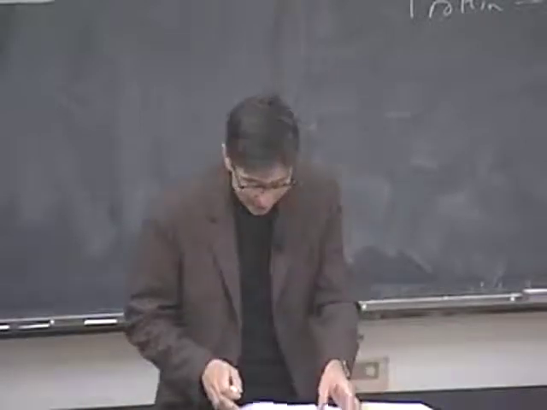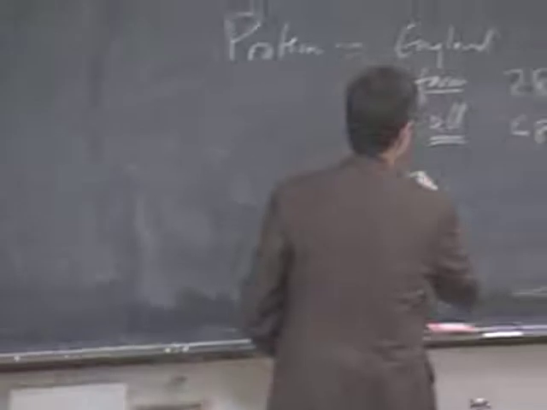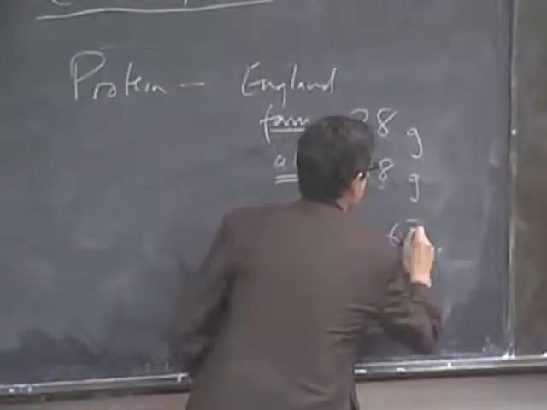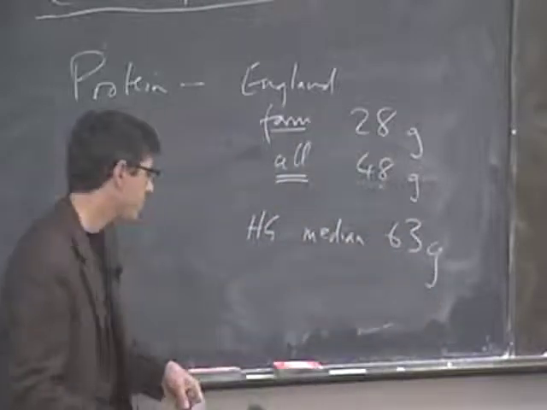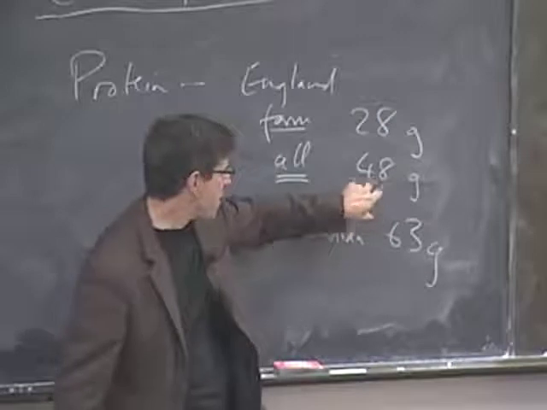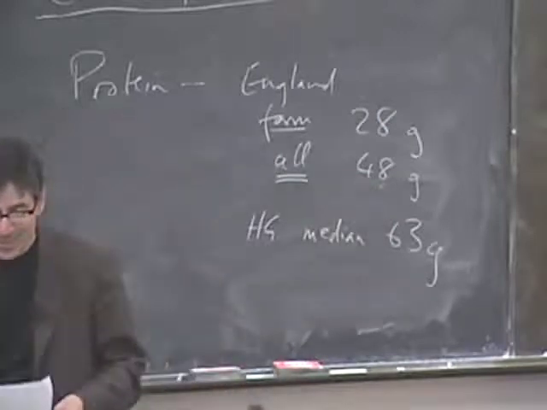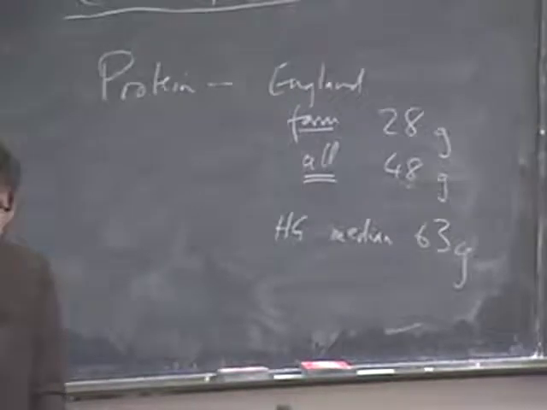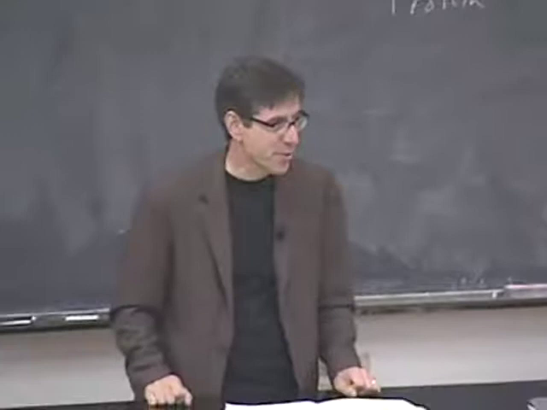Okay? How does the median hunter-gatherer group do? They get about 63 grams per day. And so in terms of the stuff that people cared about in the diet later, hunter-gatherers are actually doing very well. They have this high-protein diet compared to the diets of the English in that period.